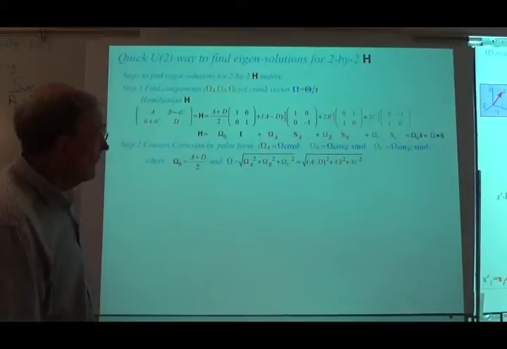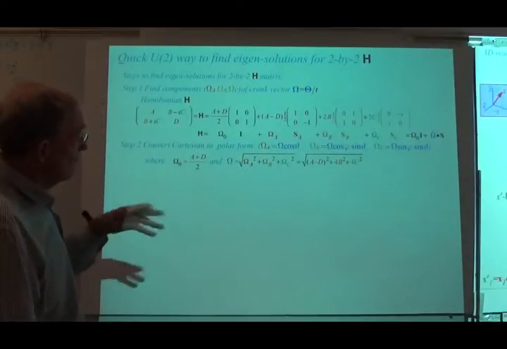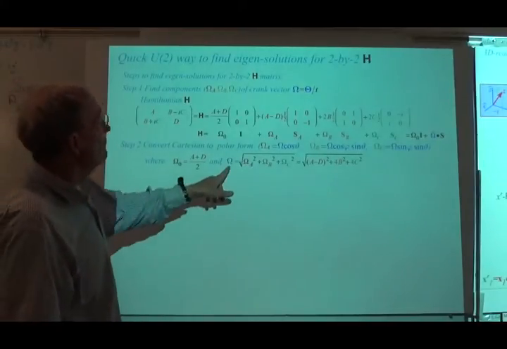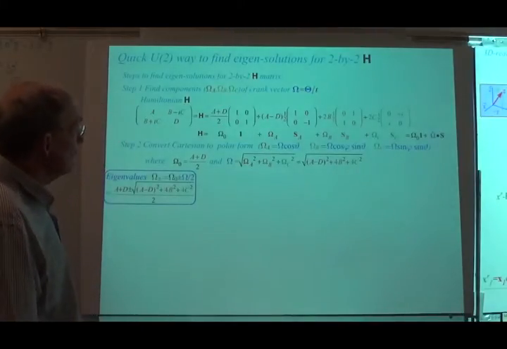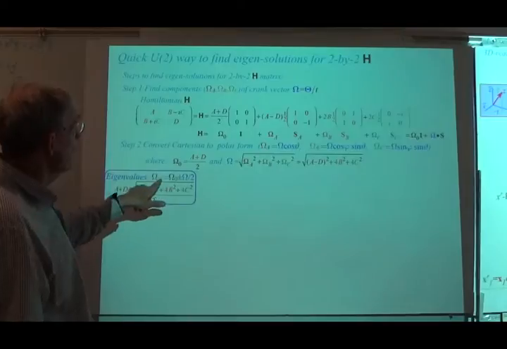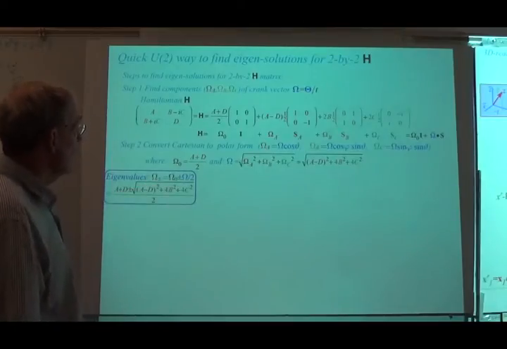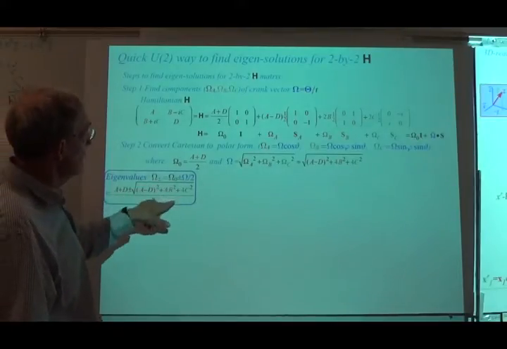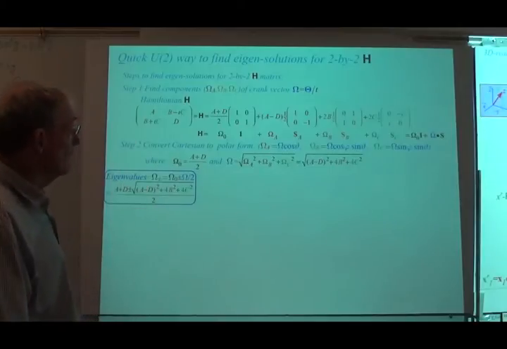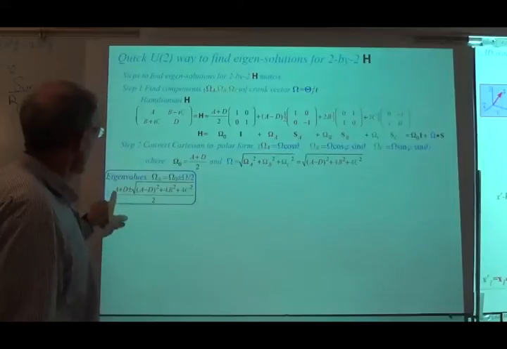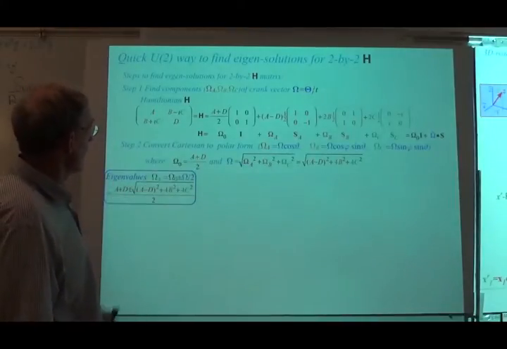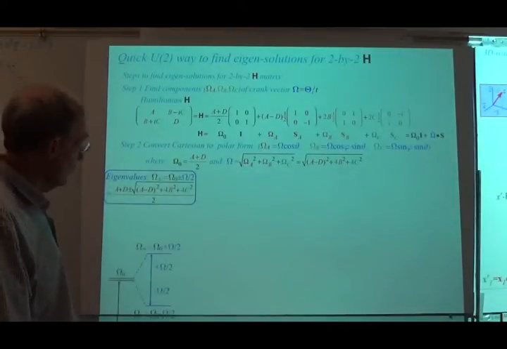Okay, so that gives you your basically your beat frequency. Now, the beat frequency over 2 is what you're actually going to get. The eigenvalues are going to be this, plus and minus that over 2. These are the actual eigenvalues of that thing, just worked out by algebra, and it just involves this quantity right here and this quantity right here, okay, being summed and differenced.